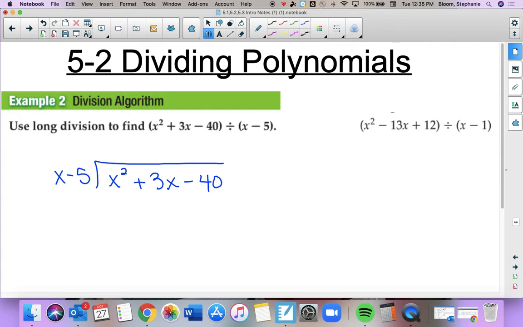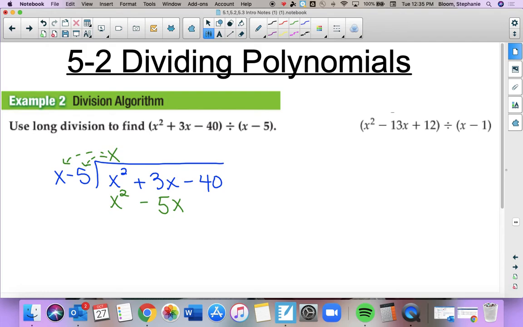Again, it's just like how you did long division. You're just looking at the first term. So x times what will give me x squared? Or think of it as x squared divided by x. X. Now I'm going to take that x and distribute it through. That's a binomial, so I have to distribute it twice. So I'm going to have x squared minus 5x.